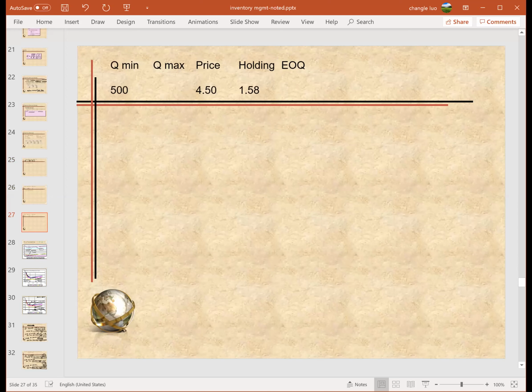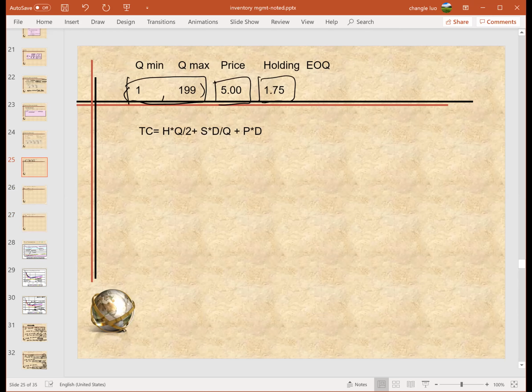The third scenario is quantity 500 and above, and the price is 4.50. Holding cost is 1.58 per unit per year. So each of them is going to have its own total cost, and I'm going to write it here.